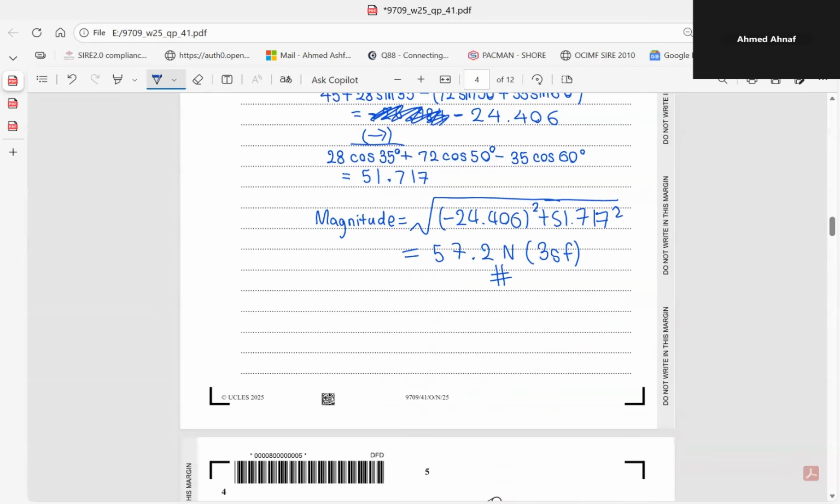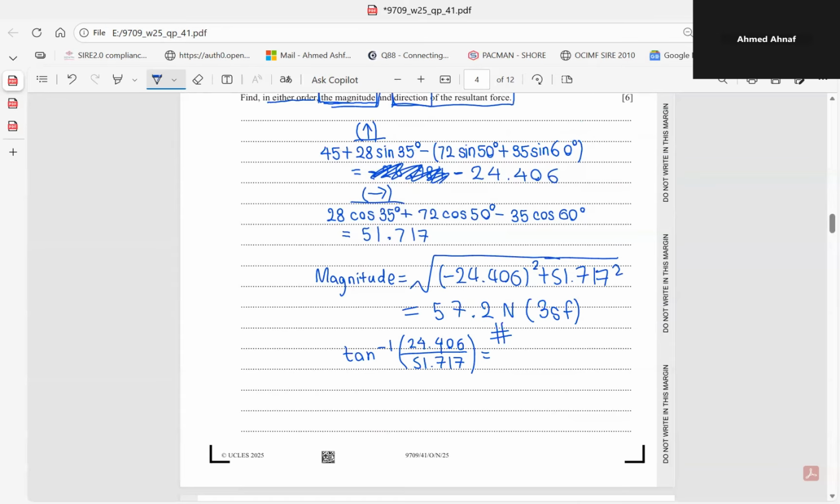Okay, right. So just doing a quick calculation. Downward is 24.406 divided by 51.717. And remember this should be in degrees, not radians.